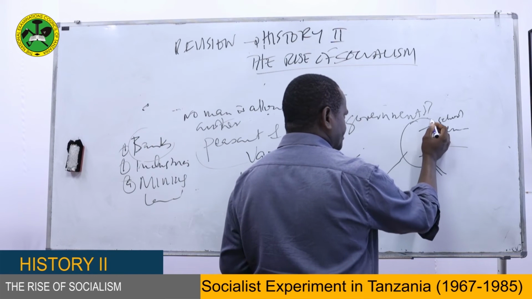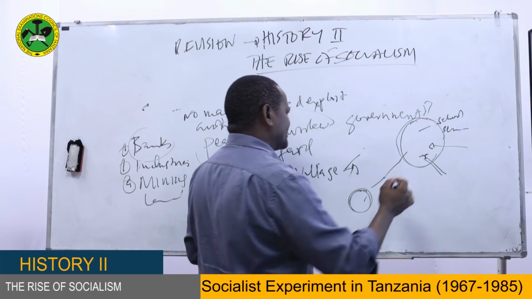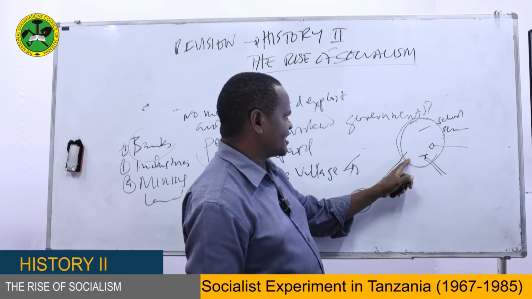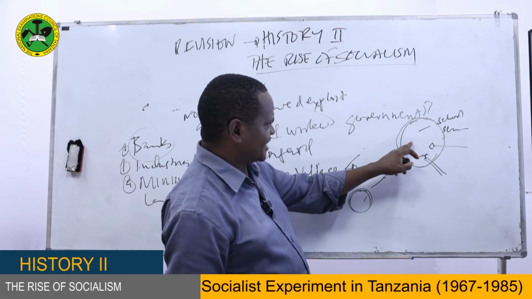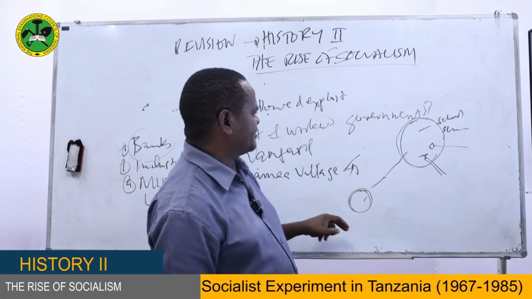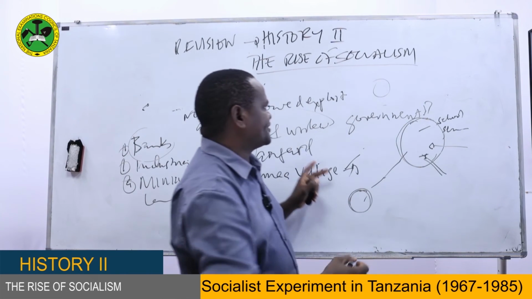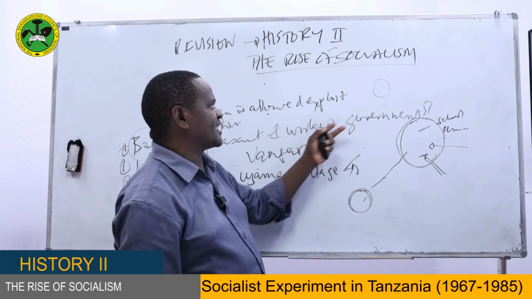So the provision of social services was expected to be very easy if people are living close to each other in one village. This is quite different and difficult if these people are scattered. One is living here, the other is living there. So if one wants to go to school which is here, one has to walk, let's say 5, 6, or even 10 kilometers.